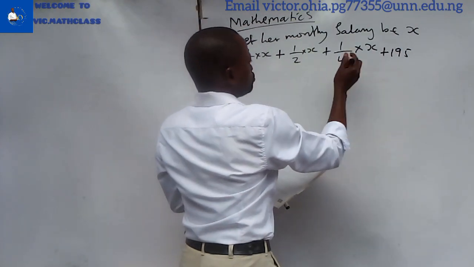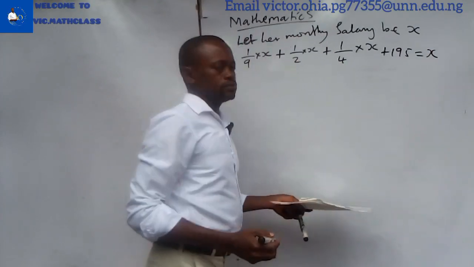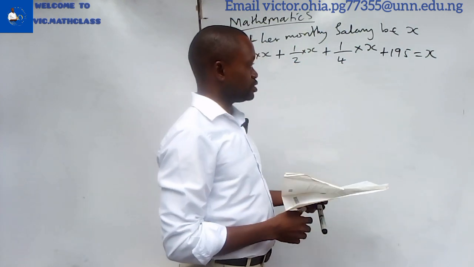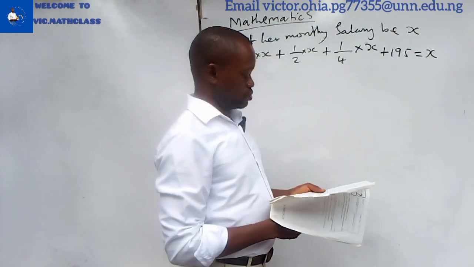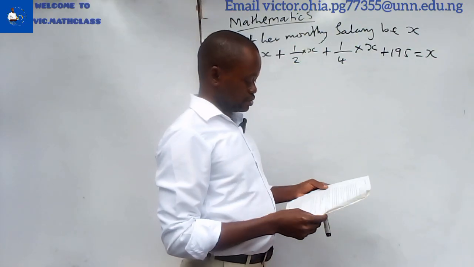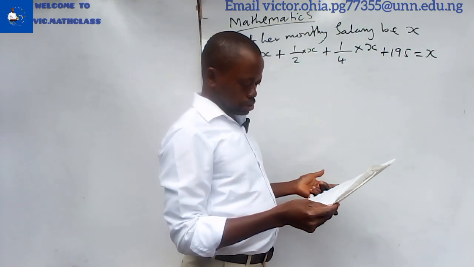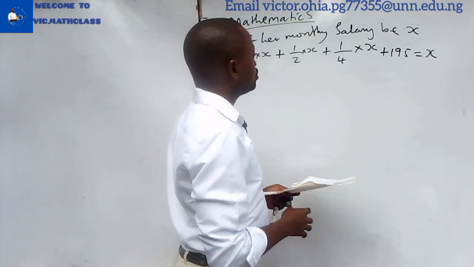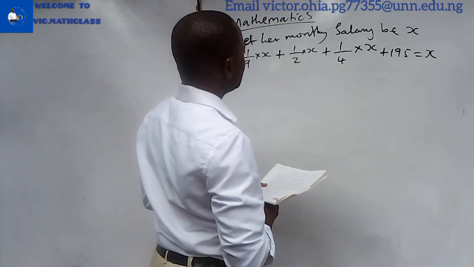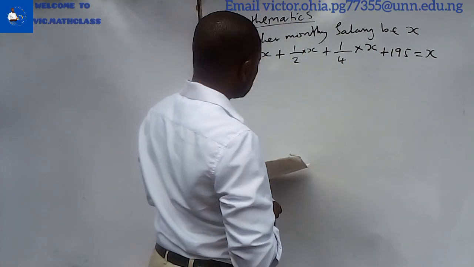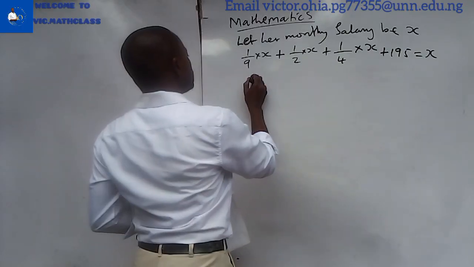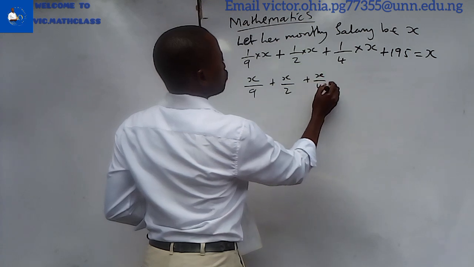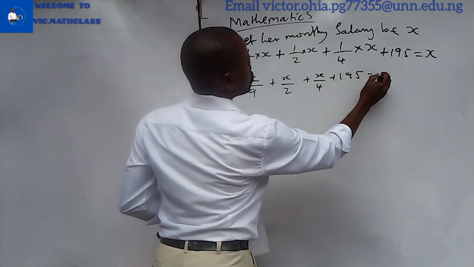All these things, when you add them, you will get that salary. It's looking very sweet, really. When you add all these things, you're definitely going to get that salary. So I have x/9 plus x/2 plus x/4 plus 195 equals x.